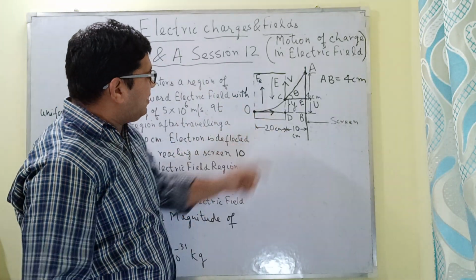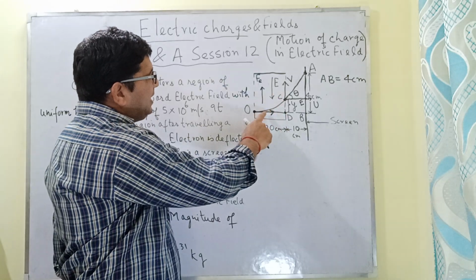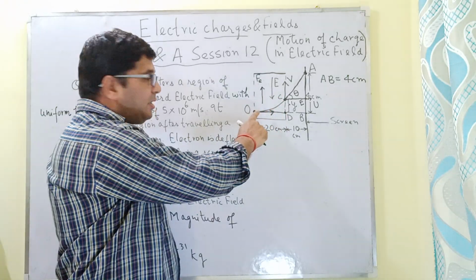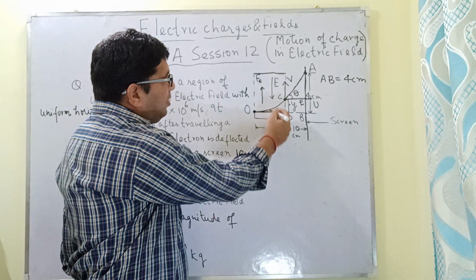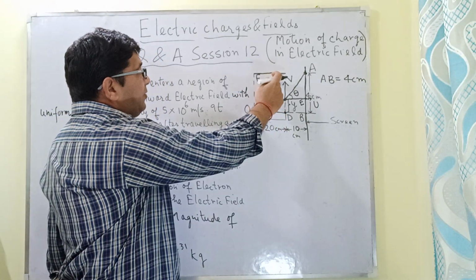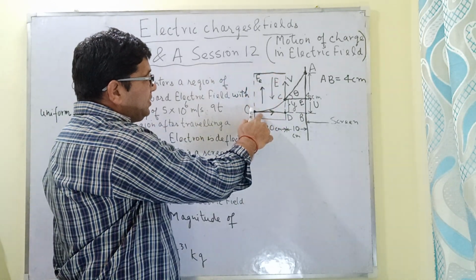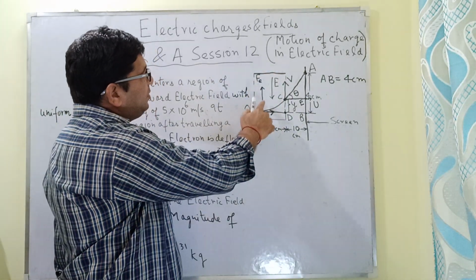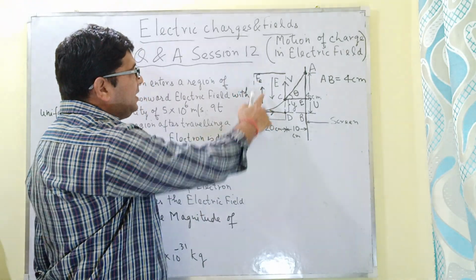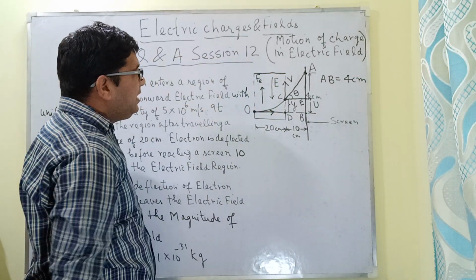As it moves in this field, it will gain a vertical component because of the electrostatic force. The direction of the electric field is downward, and because the electron is a negatively charged particle, the electrostatic force will act in the upward direction, opposite to the direction of the electric field.